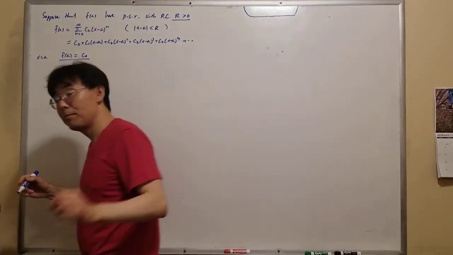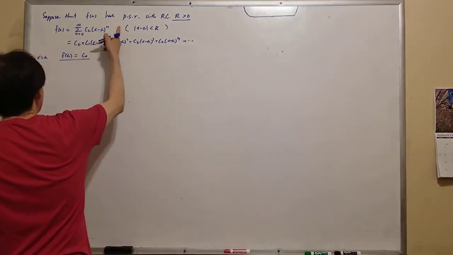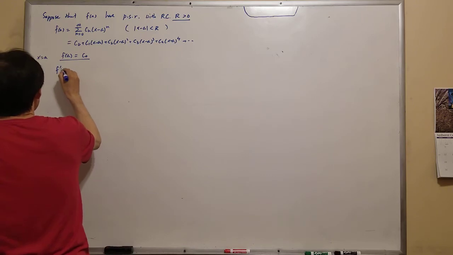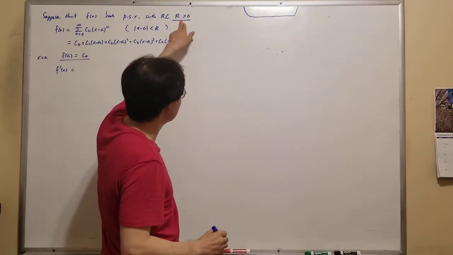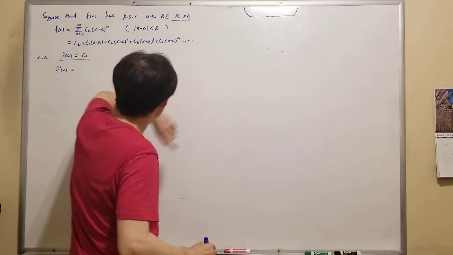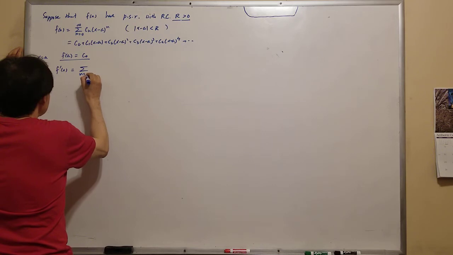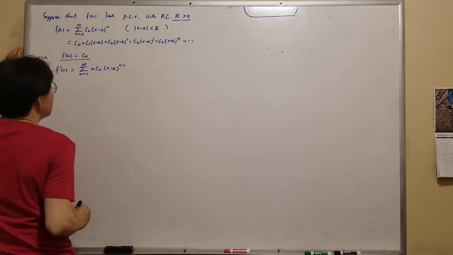Now, from the main theorem of section 8.6, if f has a power series representation with radius of convergence r, then f prime of x also has a power series representation with the same radius of convergence. That power series representation can be obtained by taking term by term differentiation.